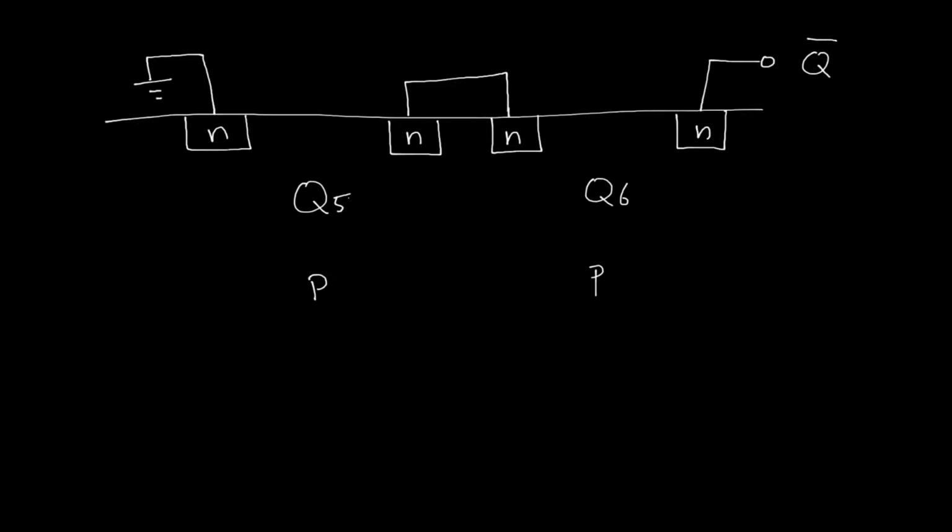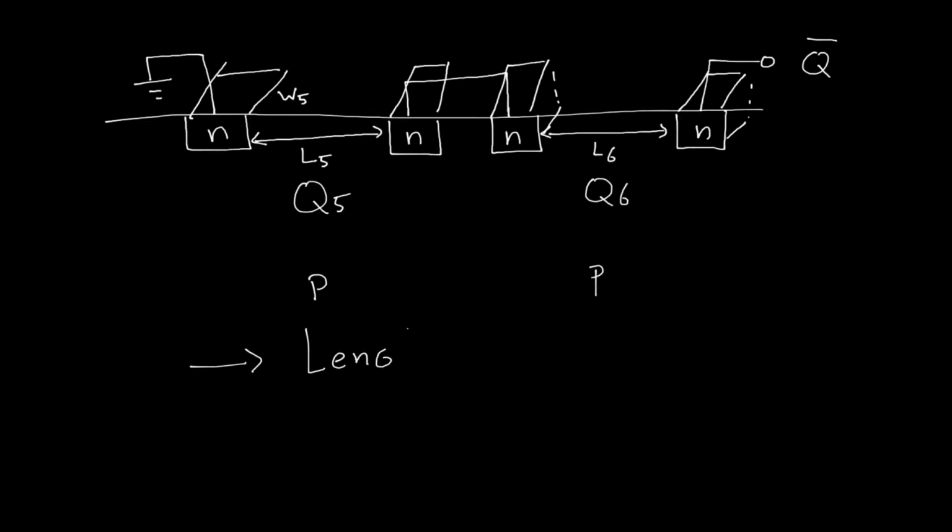Transistors Q5 and Q6 are directly connected to each other, so we can act as if this were one big transistor with double the channel length, since this is the length of transistor 5 and this is the length of transistor 6. The width is into the screen, and that width does not change if we were to double the length.